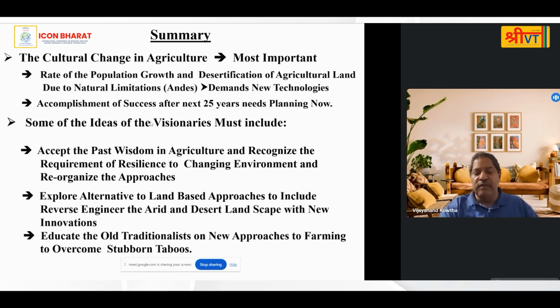Explore alternative land-based approaches to include reverse engineering the arid and desert landscape into new innovations, and overcome the traditionalists on new approaches of farming to overcome the stubborn taboos that we have in our daily life.